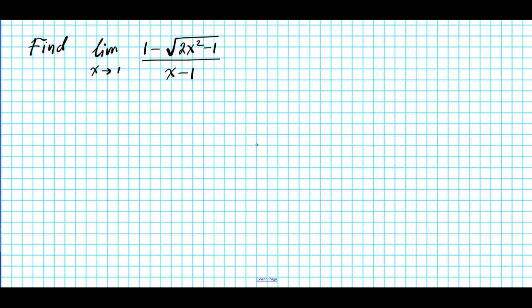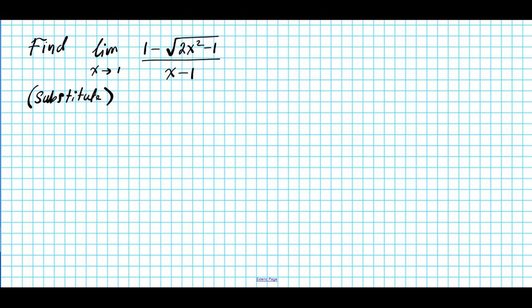Now, whenever you're given a finite limit to evaluate, we know this is a finite limit because you're approaching a finite number here, namely 1. Anytime you're given a finite limit to evaluate, the first approach you want to use is to substitute. Just substitute first to see if you can evaluate it by direct substitution before you try other elegant methods. So let's substitute first.